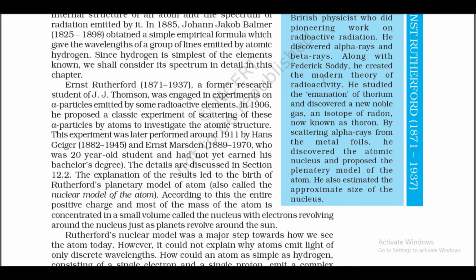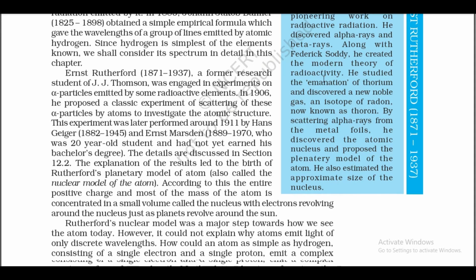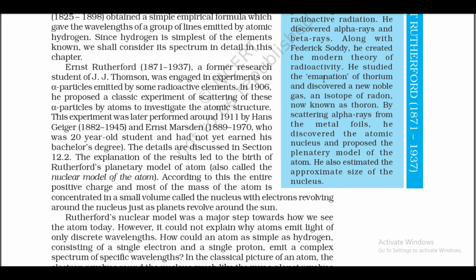Ernest Rutherford, 1871 to 1937, a former research student of J.J. Thomson, was engaged in experiments on alpha particles emitted by some radioactive elements. In 1906, he proposed a classic experiment of scattering of these alpha particles by atoms to investigate the atomic structure.